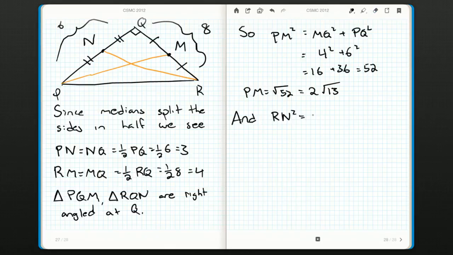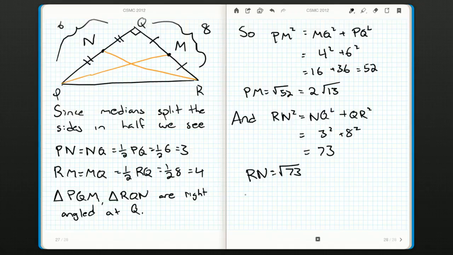RN squared is equal to NQ squared, which we know is just 3, plus QR squared, which we know is 8. So 3 squared plus 8 squared. And that's just going to be 9 plus 64, which is 73. Now we can't bring a whole number out of that, but we do know that RN is then the square root of 73.